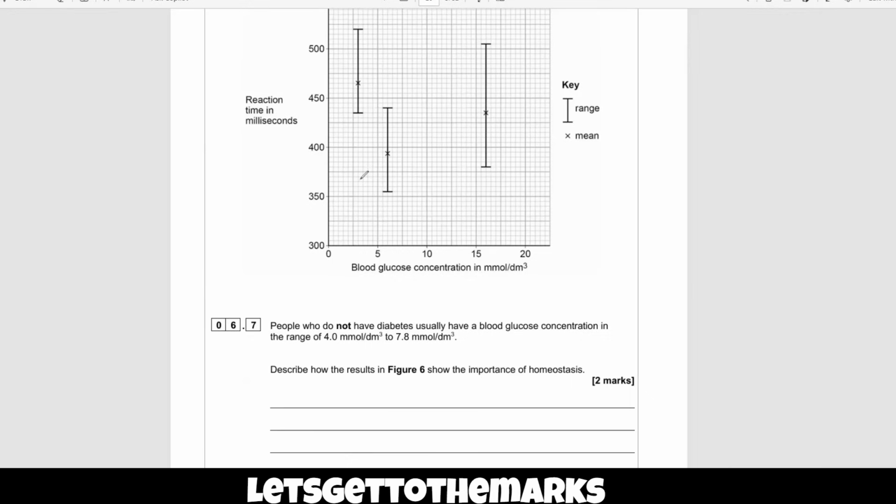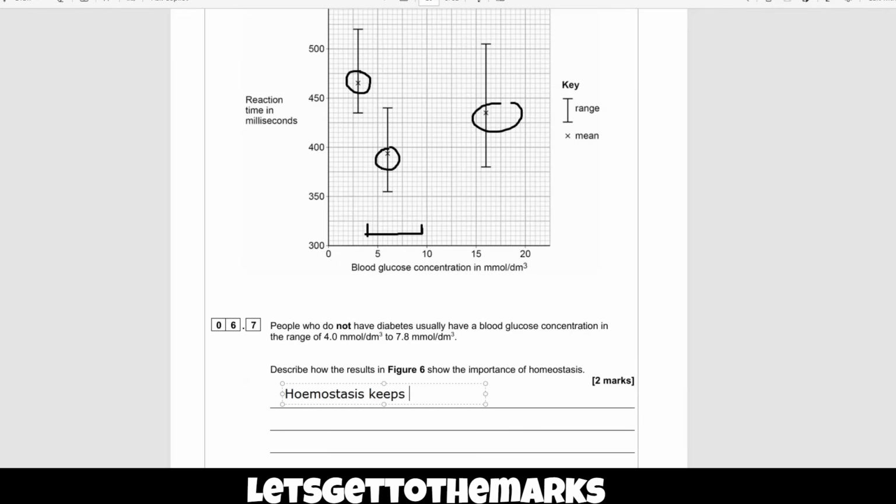Look at the reaction time. So this reaction time is quicker, i.e. less time. They react faster within the normal blood glucose concentration range, which is like that. People who have either too low sugar or too high sugar don't react as well as people with the normal blood sugar concentration.